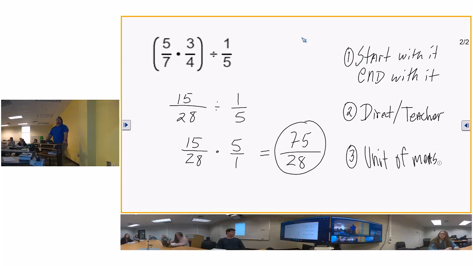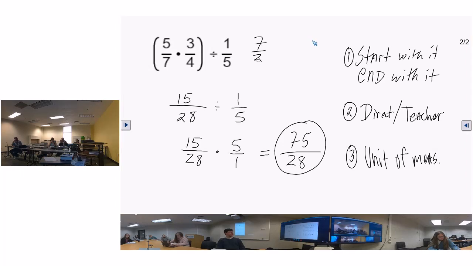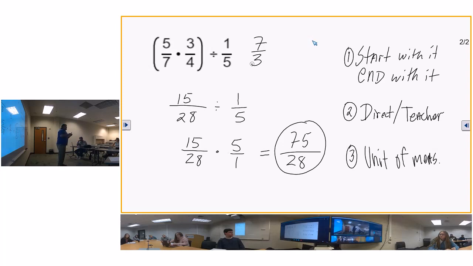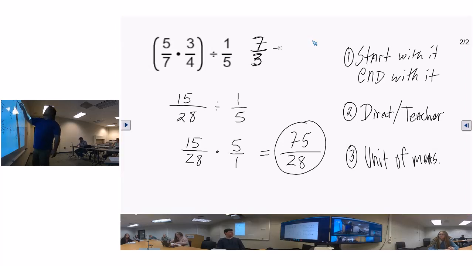And if anybody's told you that you're reducing, they lied to you. Why? 7/3. The definition of simplistic math is how many times your pencil hits the paper. So how many times? 1, 2, 3. That's an improper fraction. 3 times my pencil hit the paper. Change that to a mixed number.